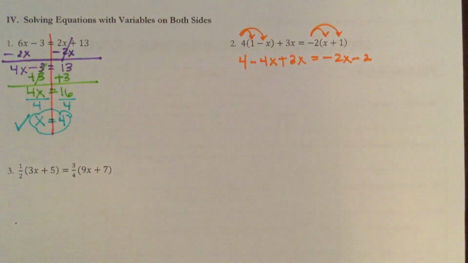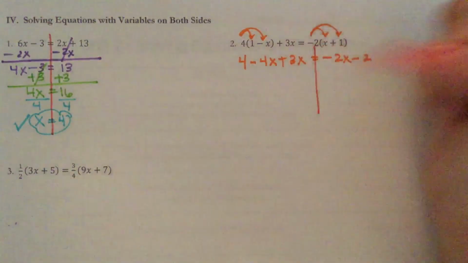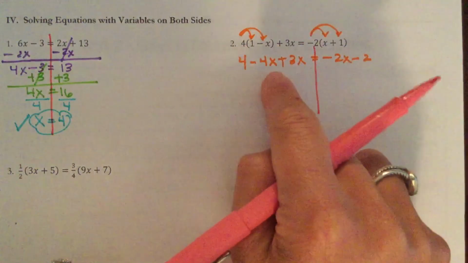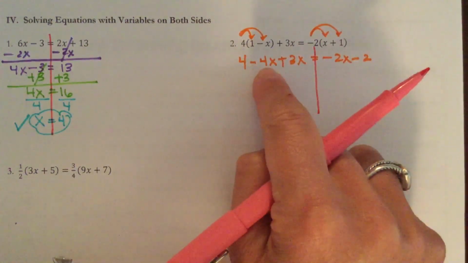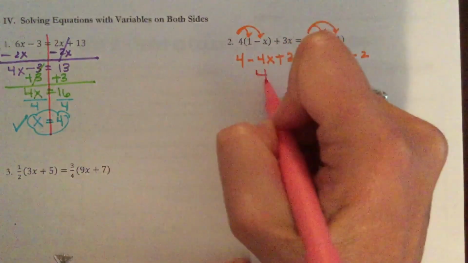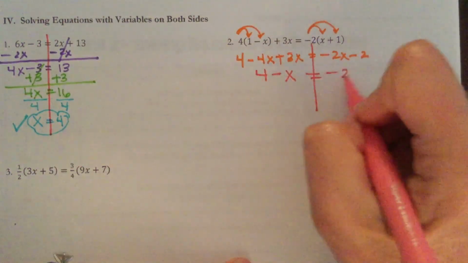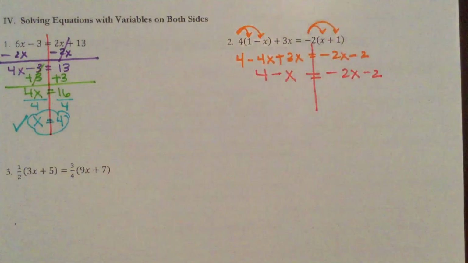After we distribute, we want to combine like terms. If I look here on the left-hand side, I can see that I do have some like terms that can be combined. -4x and positive 3x leave me with -1x. There are no like terms to combine on the right-hand side.